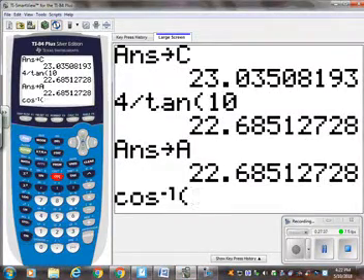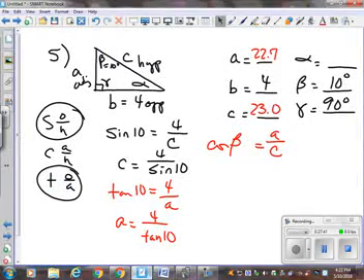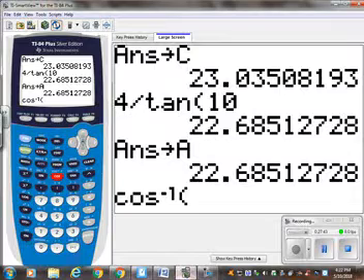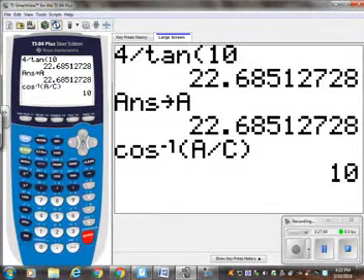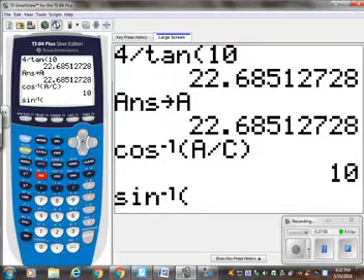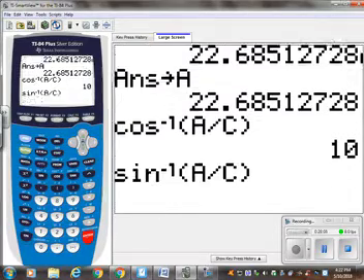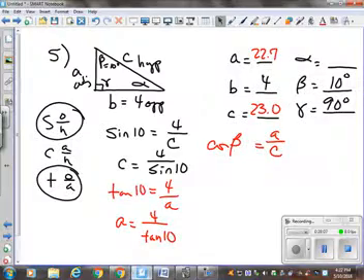Inverse cosine, I forgot what letters it was, A divided by C. Alpha A divided by alpha C. Yes, we got 10. So now we know our decimals have been stored correctly. Now we can do sine of that and get the other angle. Inverse sine of alpha A divided by C. And that tells us that 80 is correct.